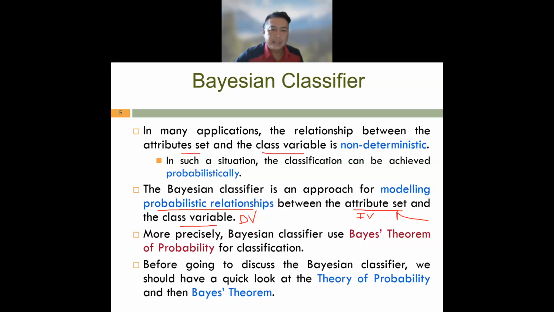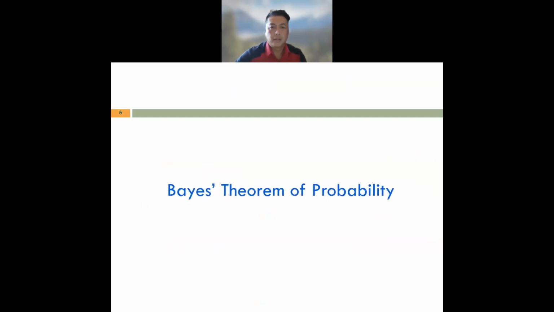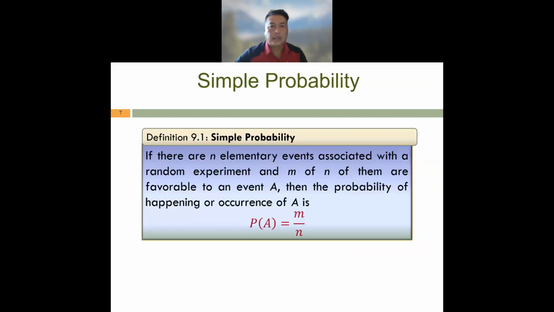More precisely, the Bayesian classifier uses the Bayes theorem. For that reason, we will look into the theory of probability first, and then we go to the Bayes theorem. The first definition is called simple probability.